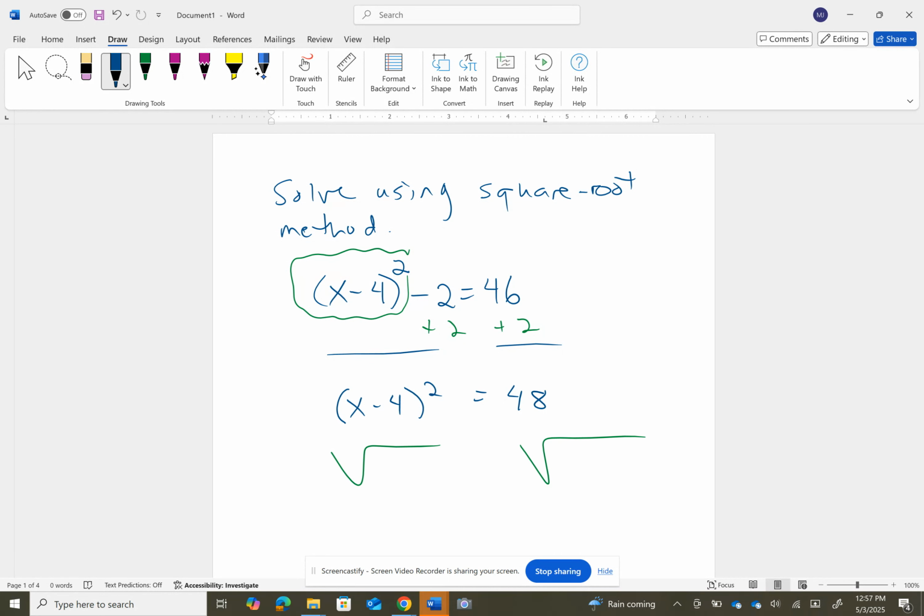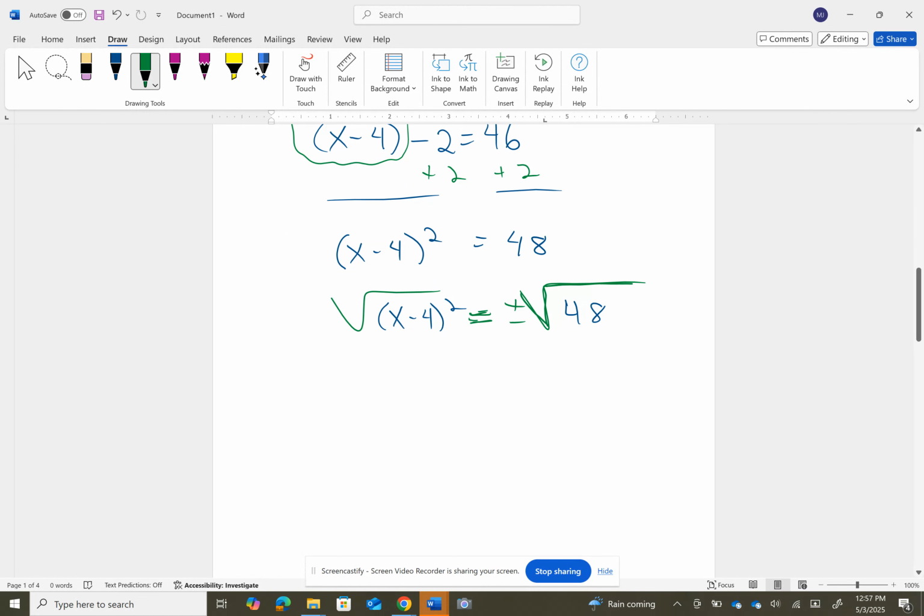When you do that, don't forget there's going to be a plus or minus, because you've got 2 square roots of any number. When we write this symbol, it's just the positive square root, so we need both of them. By doing the square root, we've undone the squaring here, so we're just going to have x minus 4.